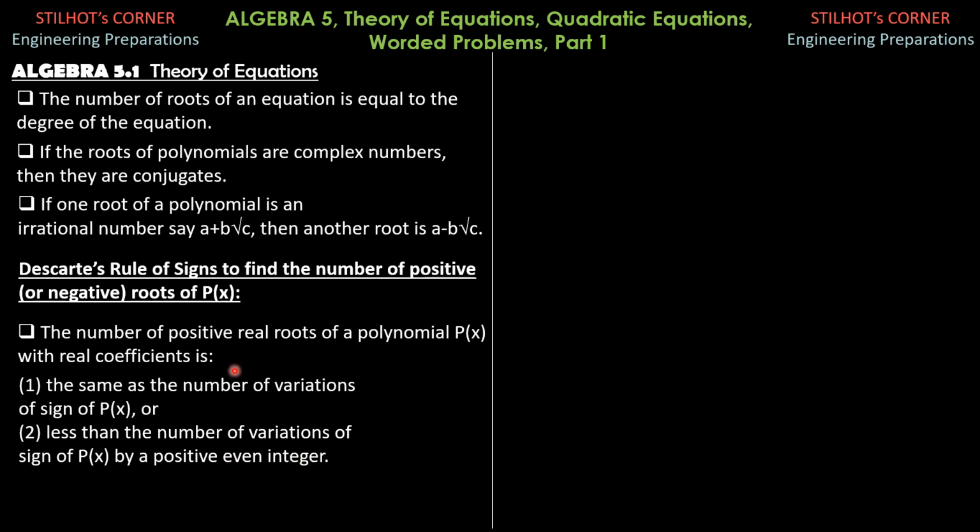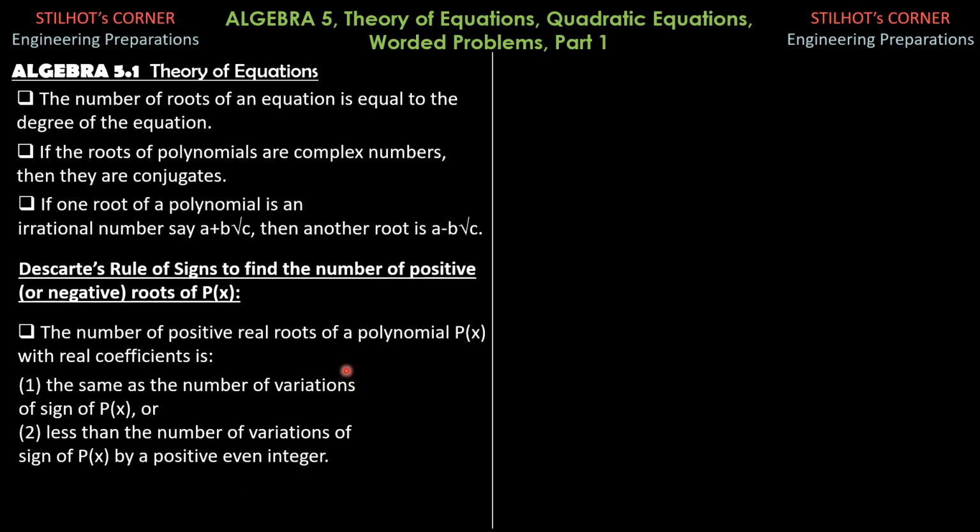So 7 or 5, because the other two roots may be complex conjugates. That's the meaning of that. Then another pair of complex conjugates, and so on and so forth. So 7 or 5 or 3 or 1. So keep on subtracting a positive even integer, or 2.